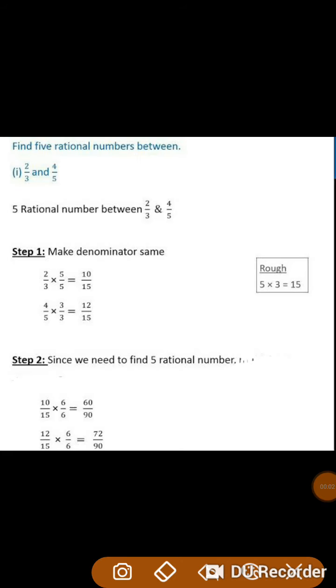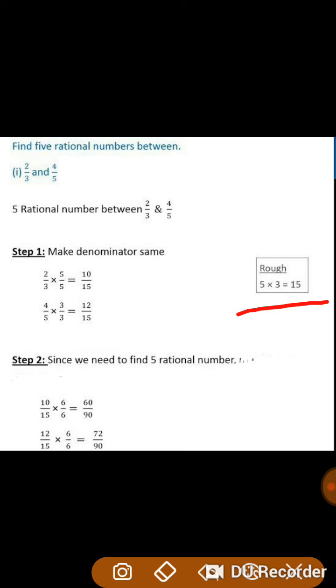Now we have another case. Here we have to find 5 rational numbers between 2 by 3 and 4 by 5. In this case, both the denominators are different. So, our first step is to take the LCM of the denominators, which is 15.